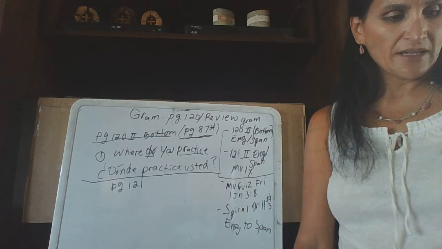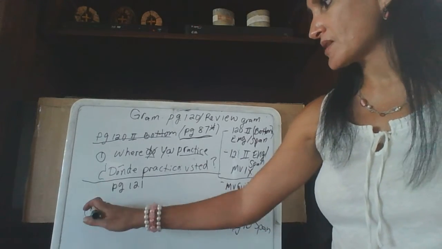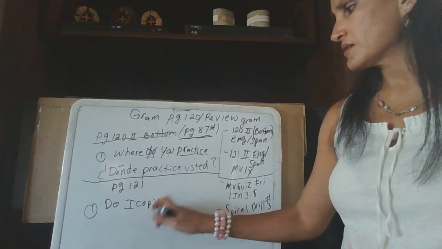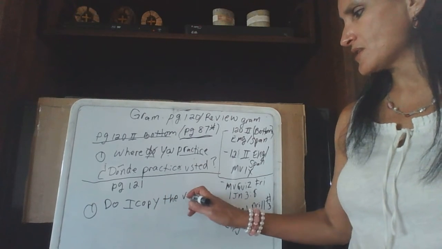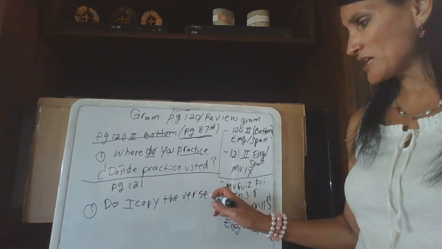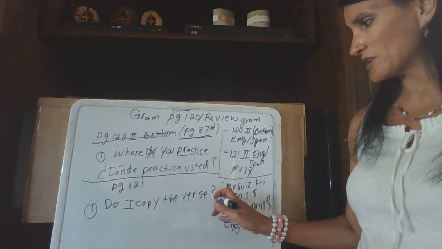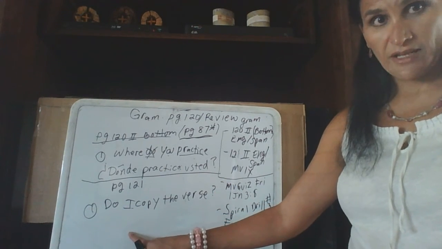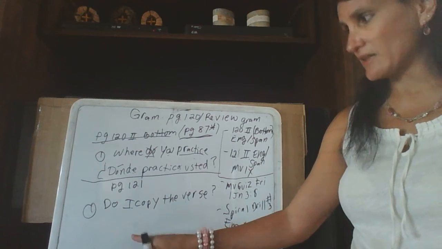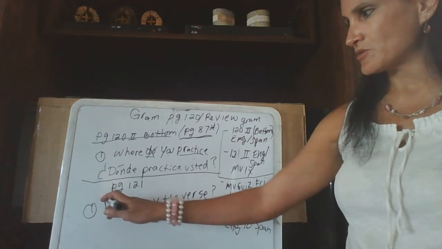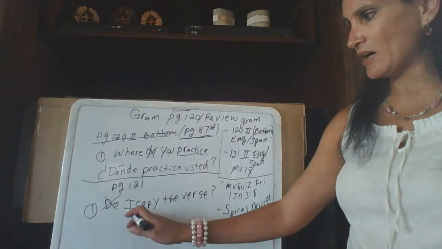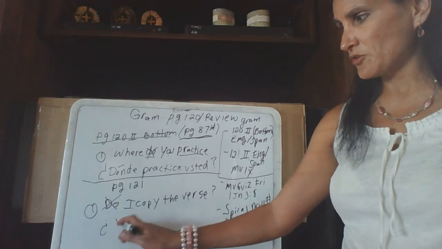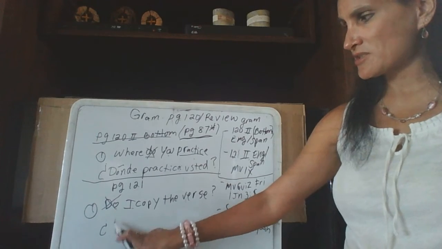So it says, do I copy the verse? So number 1, do I copy the verse? Now you are not answering the question like you did on the lesson 2 days ago. So you're not going to change I to you when you answer, okay? Because you're not answering, you're translating. So just go ahead and translate. Now do again doesn't translate. So I copy the verse, question. I is yo, but it's a question, so you need the verb.